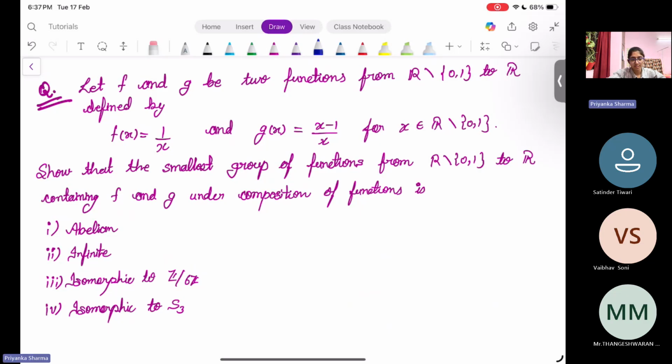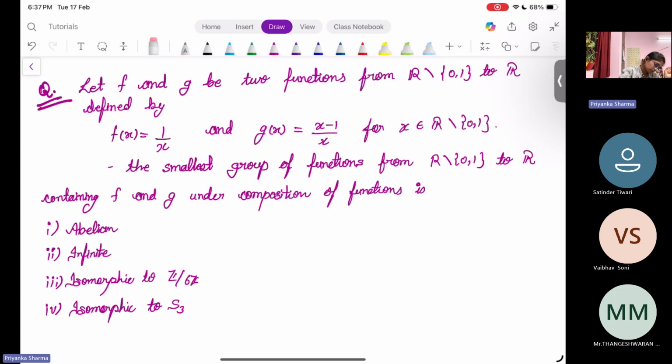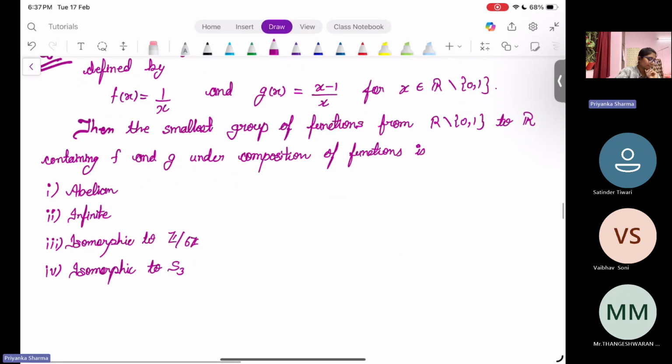So you have two functions. Then show that, I'm giving some conditions, so you need to check. This can be a multiple correct answer.